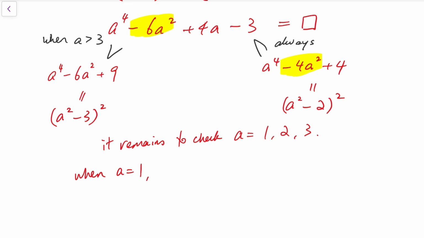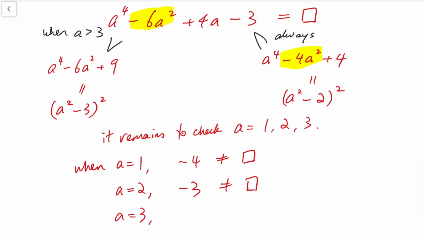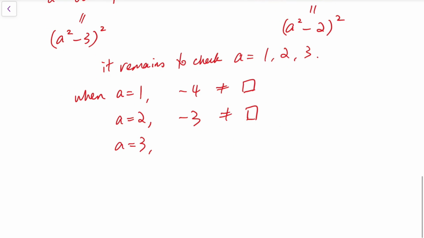When a is equal to 1, this quartic will be equal to minus 4, not a perfect square. When a equals 2, it's minus 3, again not a perfect square. When a equals 3, it will be 81 minus 54 plus 12 minus 3, and that's 36, which is a perfect square.